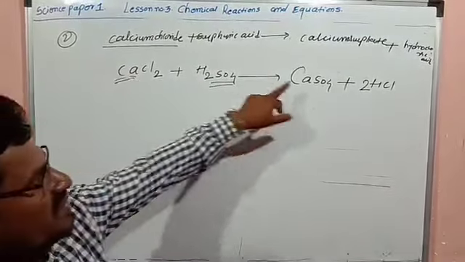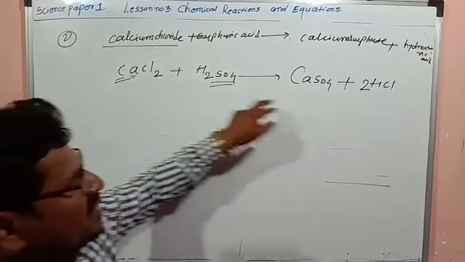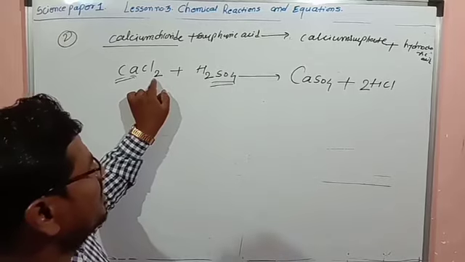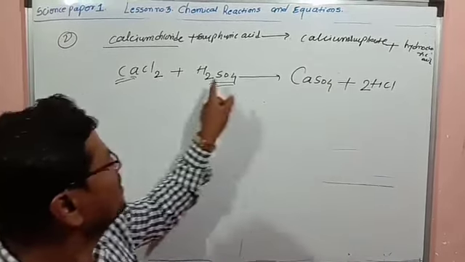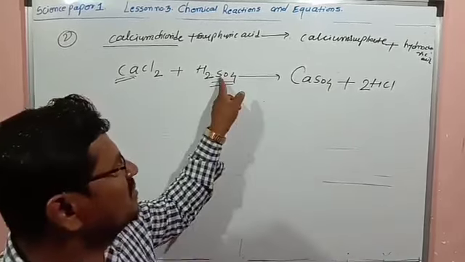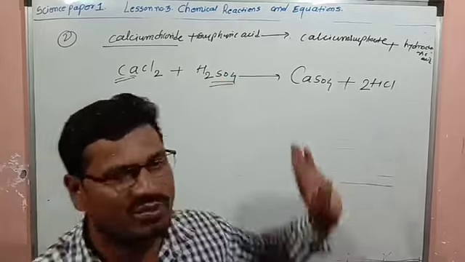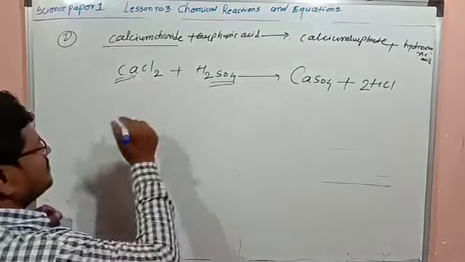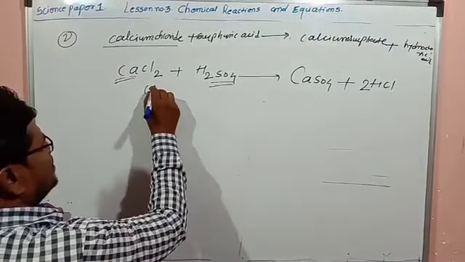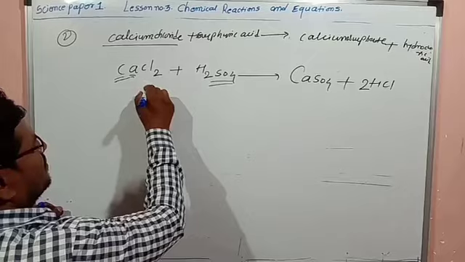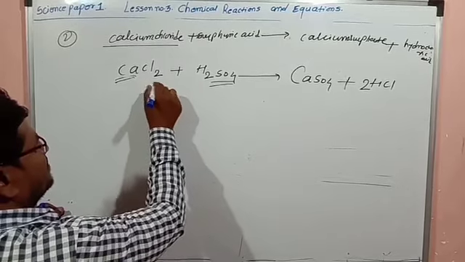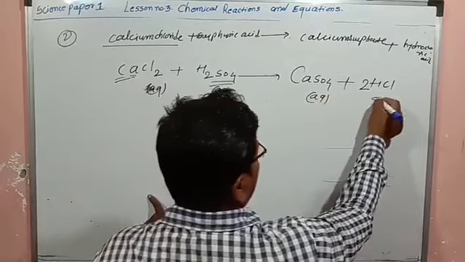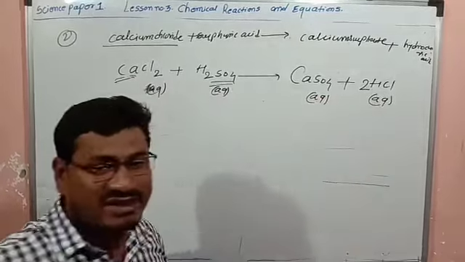So Ca 1, calcium 1, chlorine 2, hydrogen 2, sulfur 1, SO4. So this is the chemical equation, and it is balanced. Here solid, you will take an aqueous solution, here also aqueous, and here also it will be in aqueous state.